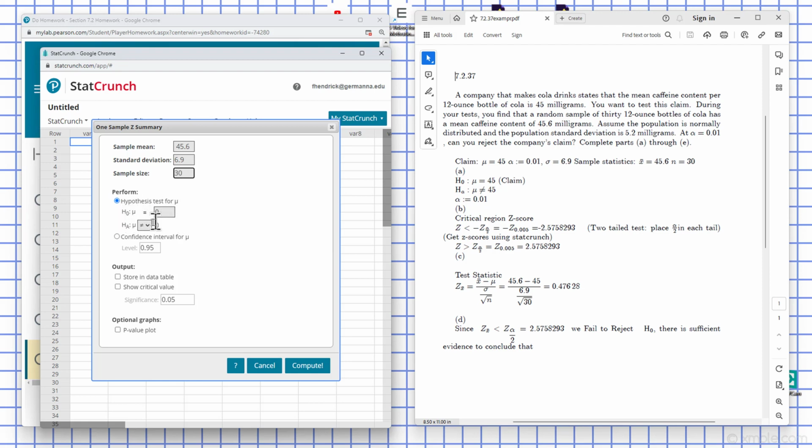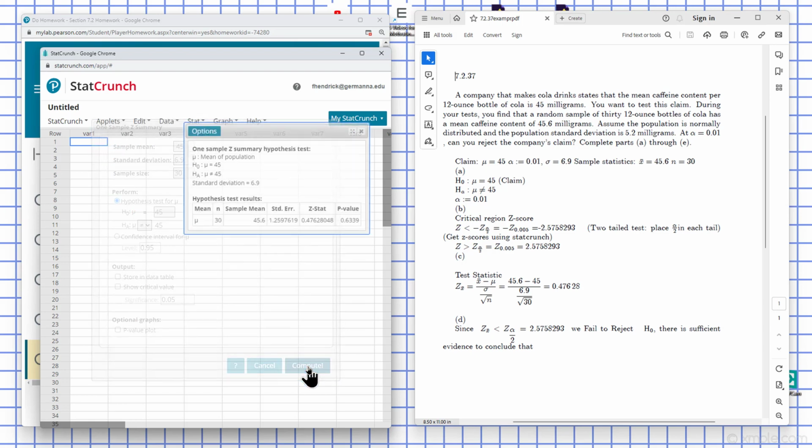You put in a test here, 45, equal and not equal. We hit compute. And our z-test statistic is given there, and the p-value is given there. Okay.